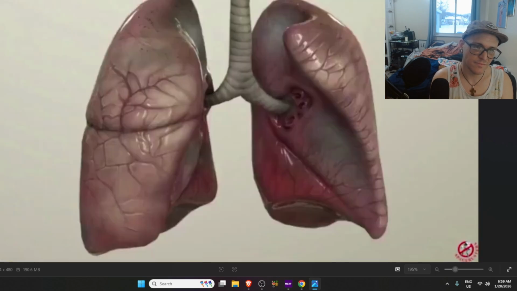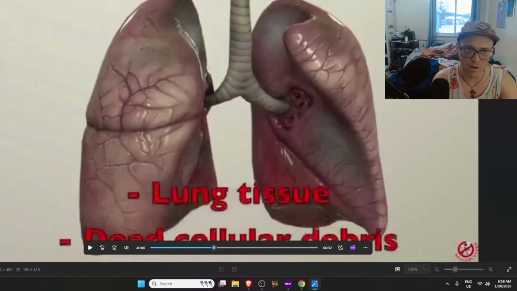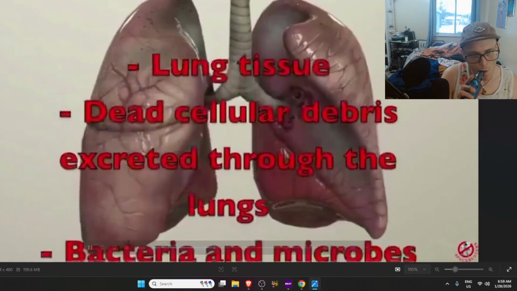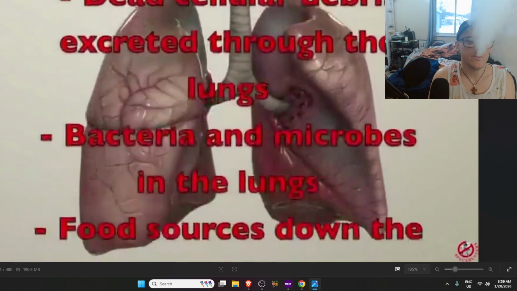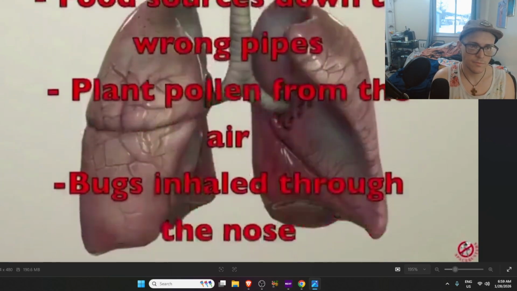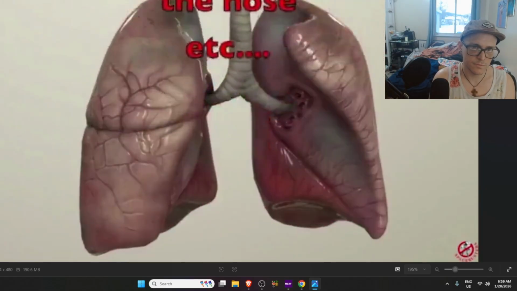First of all, there are multiple sources of genetic material inside human snot or lung sputum, including lung tissue itself, debris, and the bacteria that live in your lungs. They call it the microbiome now, and that's just them trying to get you okay with living with parasites inside you. Also dead human cells being excreted through the lung excretory system, bacteria and microbes living in the lungs, food that went down the wrong pipe, inhaled plant pollen, RNA and DNA from the air, inhaled bugs, and many more.